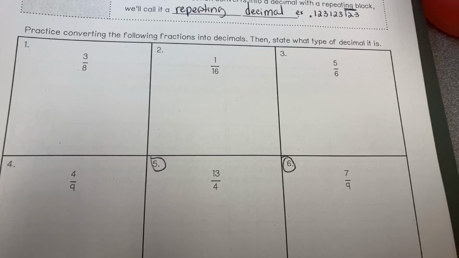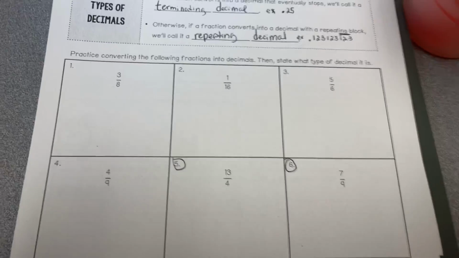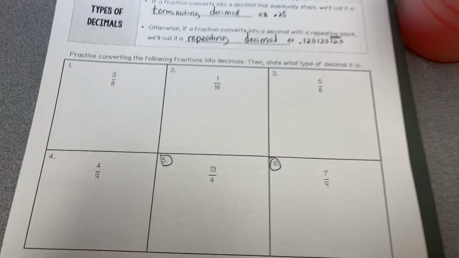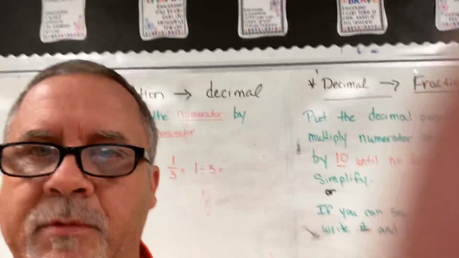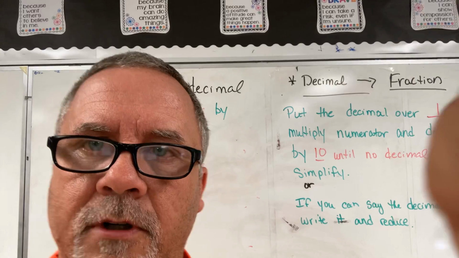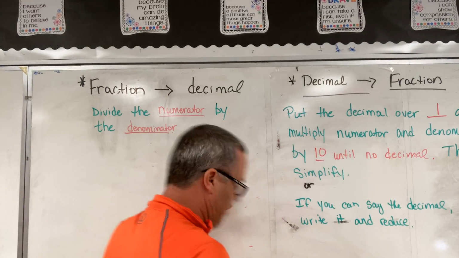So first thing we're going to do is convert fractions to decimals. I'm going to do these 4 examples. I'm going to switch and go to the camera and go to the board to get my markers together, okay? All right, I've got a reminder up here of what our steps are to do each one, okay?